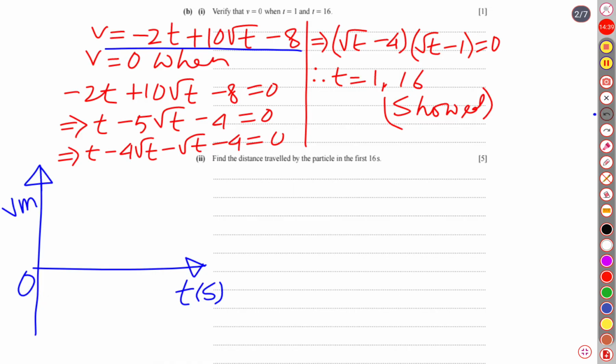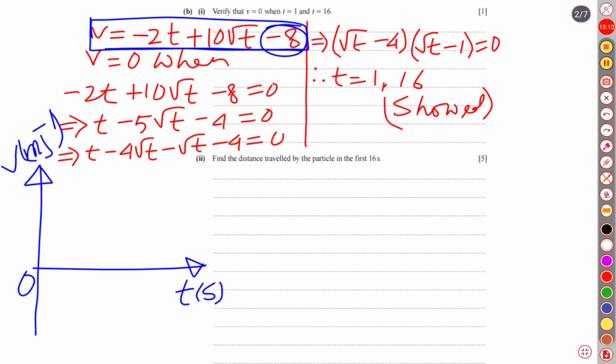Let me write just above that, v meter per second. Okay, now if we look at the expression over here, as this is actually a negative quadratic graph, and a negative quadratic graph always starts from the third quadrant. Well, for the third quadrant, look at this. When t is 0, the velocity was negative 8. So let's write here negative 8. Well, this is negative 8. Then the curve starts from here.